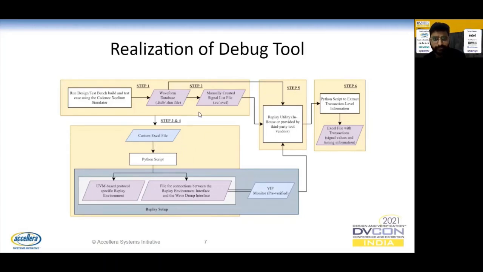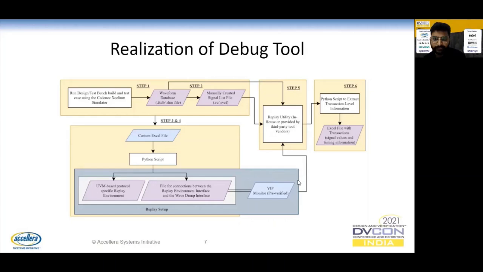That automation extracts information from the file list and from the waveform database. It tries to create a test bench on the go. It will try to instantiate all the required monitors and all the required configurations into the VIP. Then this replay utility replays the entire waveform on the system, and we get the logs from the monitor files.